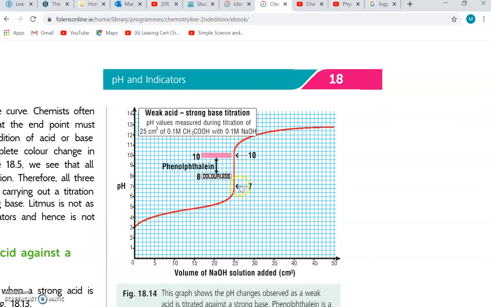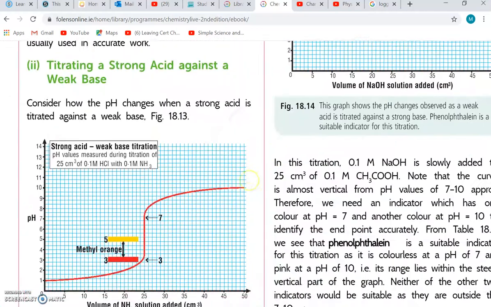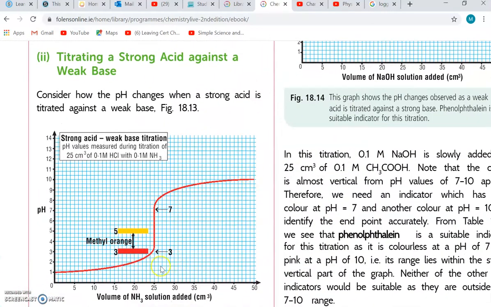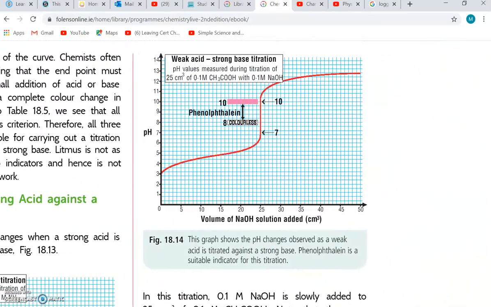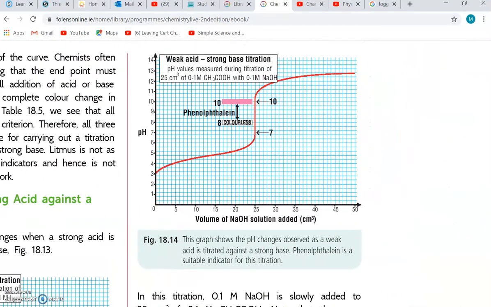So your range for a weak acid strong base titration is between 7 and 10. That means methyl orange won't work, because methyl orange changes from 3 to 5. Litmus won't work, because litmus goes from 5 to 8. So the only suitable indicator here for weak acid strong base is phenolphthalein.